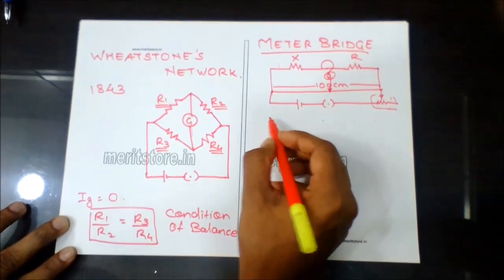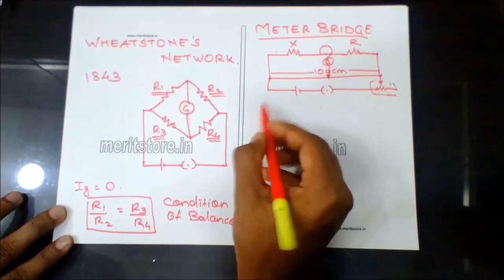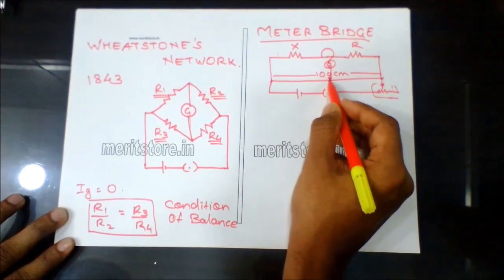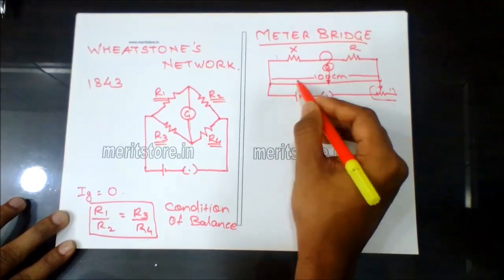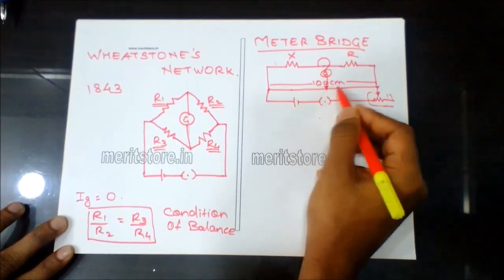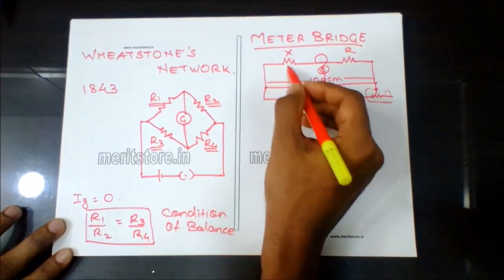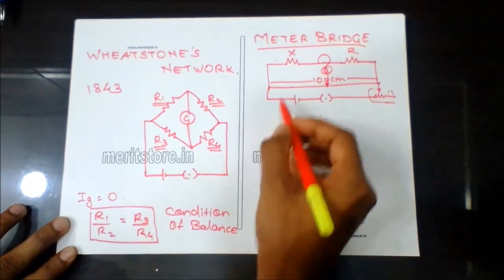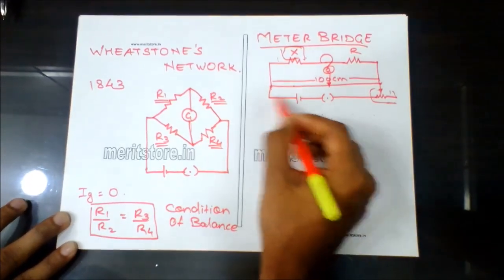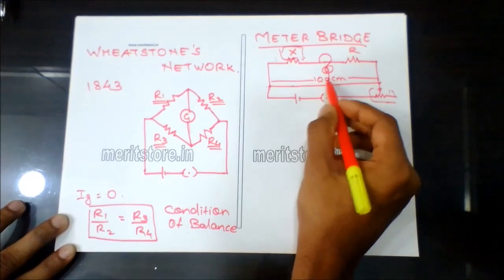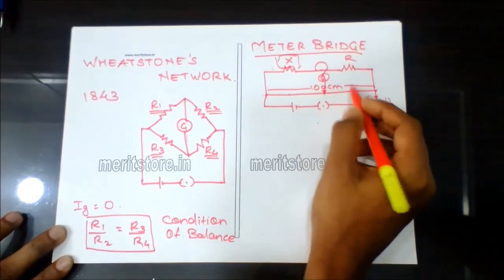Jockey is nothing but a pointed metallic device which can be used to maintain contact at any point on the wire. How the unknown resistance is measured is that after placing an unknown resistance, the current is allowed to flow through the circuit and the galvanometer is touched at various points.